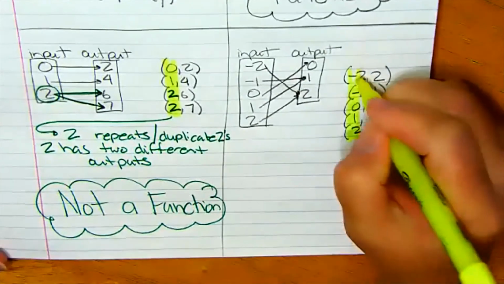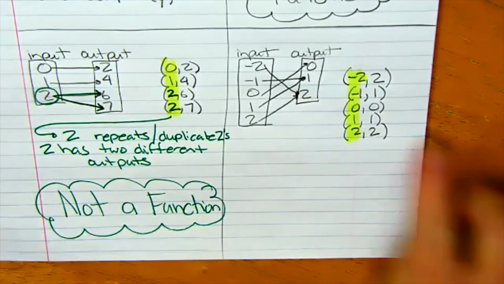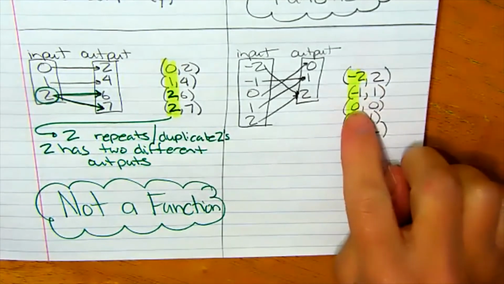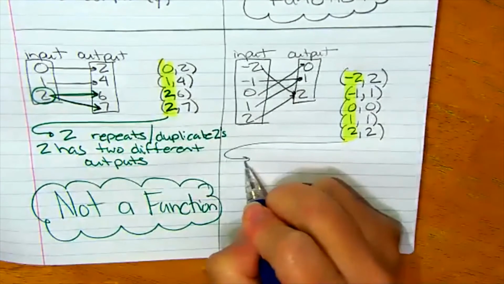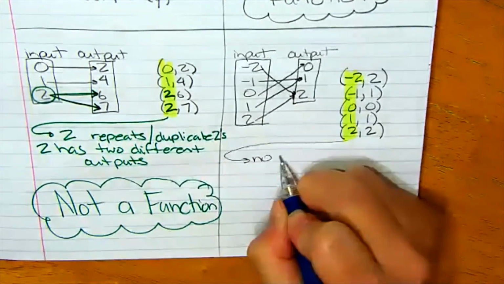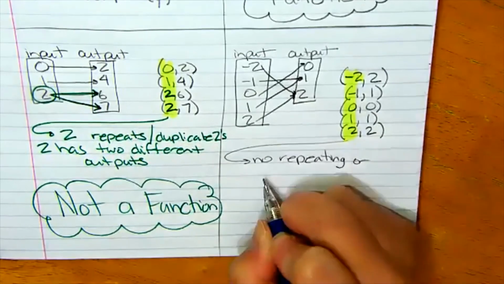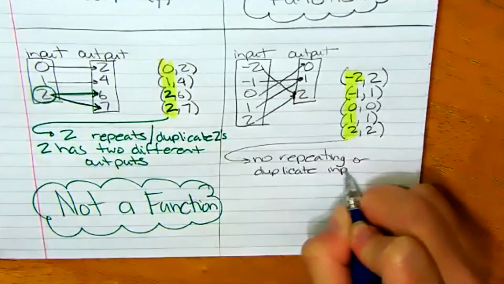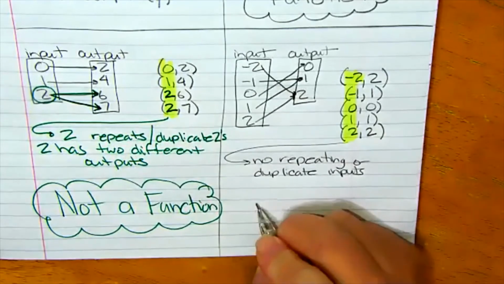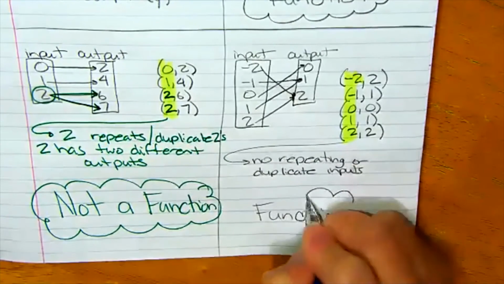Do I have any duplicate or repeating inputs? -2, -1, 0, 1, 2. I do not. So there are no repeating or duplicate inputs. So yes, this is a function.